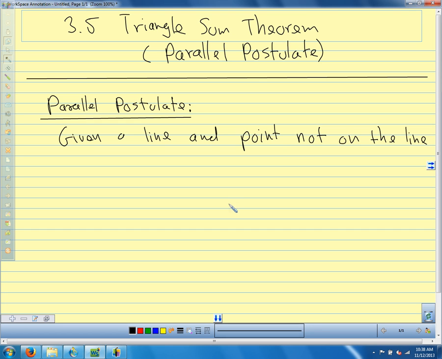So given a line and a point not on the line, there is exactly one line that goes through that point that is parallel to the other line.